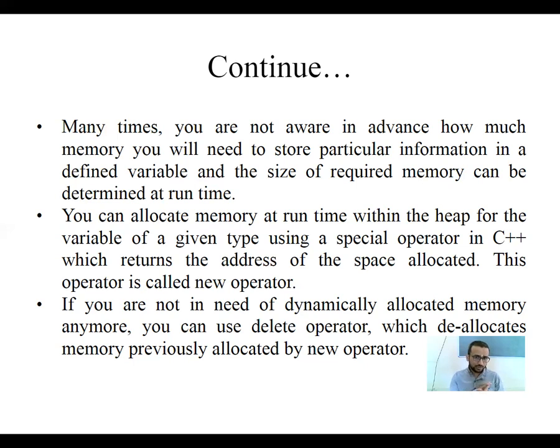So there are two operators: the new operator to allocate memory dynamically, and in case we have allocated memory dynamically but in our program we no longer need it and want to free up that space, we use the delete operator. With the help of the delete operator, we can deallocate the memory previously allocated by the new operator.